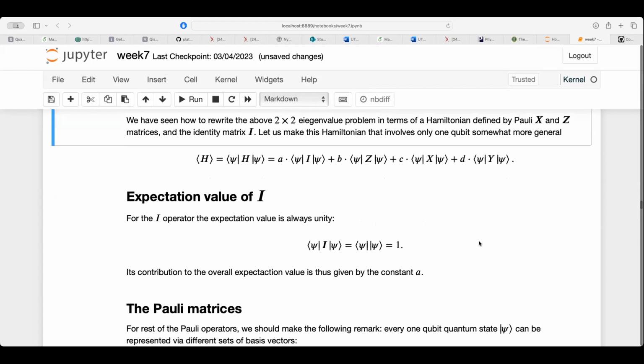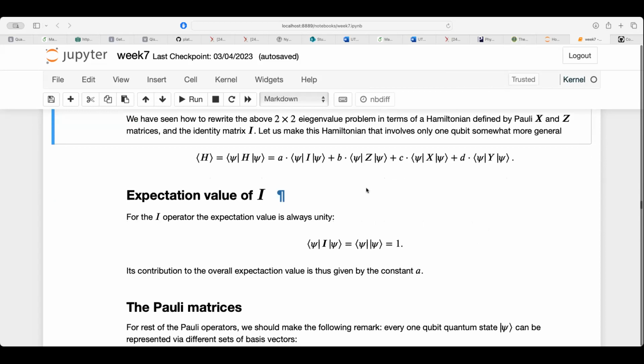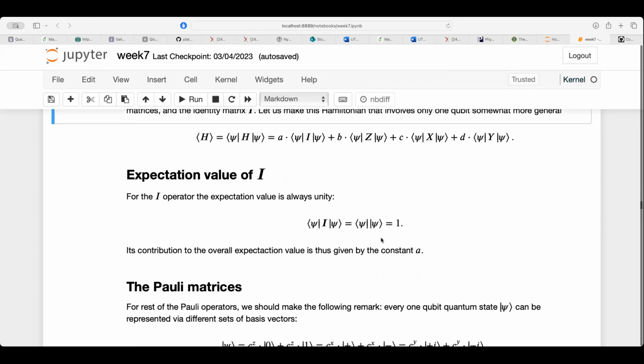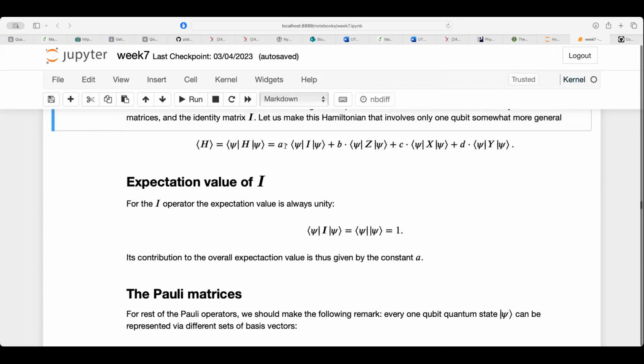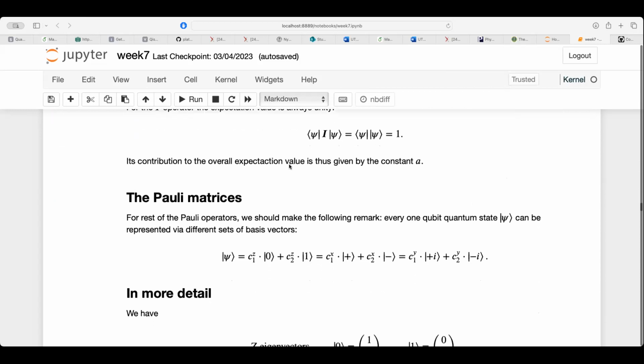And you can now see why we need to rewrite everything in terms of a matrix which has the computational basis as an eigenbasis. So the expectation value of this one is pretty trivial. That means that the expectation value here, the final one, is just this constant A.